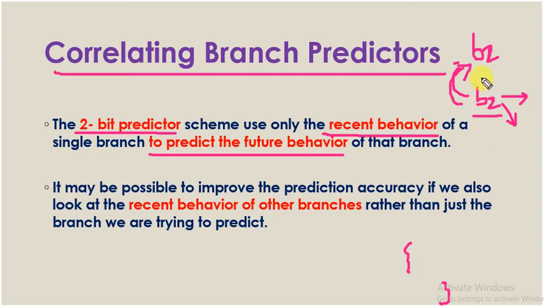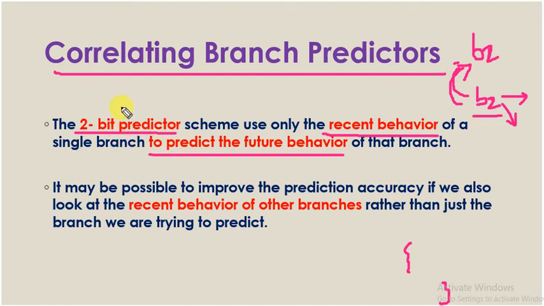In the reverse way, if B2 did not enter the body, we predict that B2 will again go out of the body of that particular branch. In that way we predict the future behavior of a single branch.